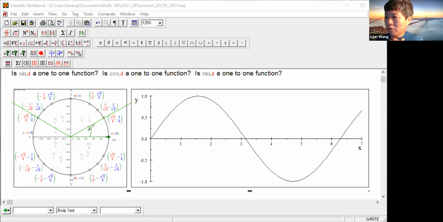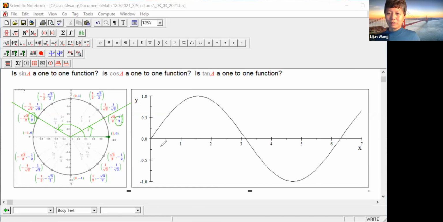This is one angle, and that's the other angle. They have the same output, the blue number. On this unit circle, you have identified two different angles but the same ratio.